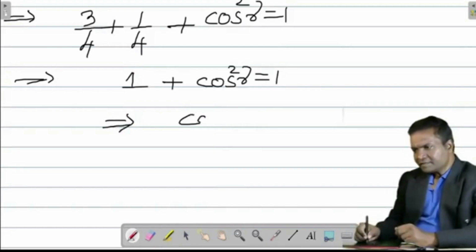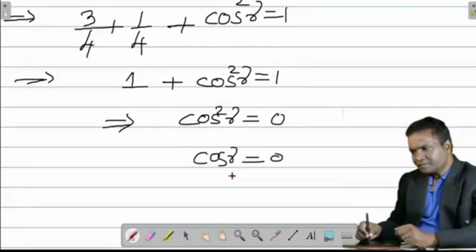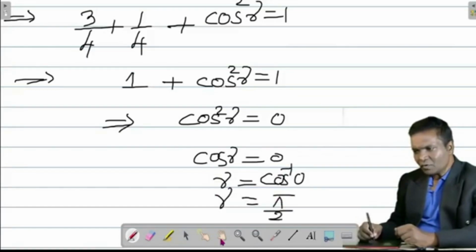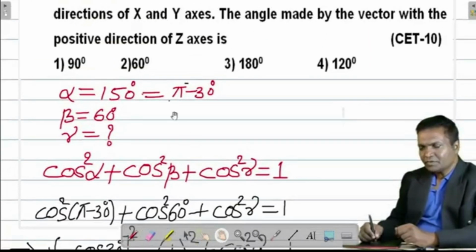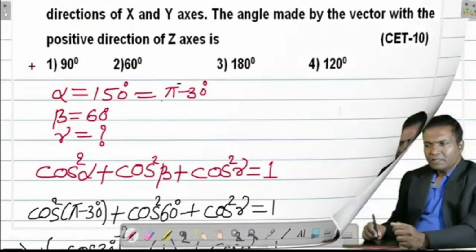This implies cos square gamma is 1 minus 1, that is 0. So cos gamma is 0 and gamma is cos inverse of 0, that is pi by 2. So 90 degree is the correct option. So option first one is the correct one.